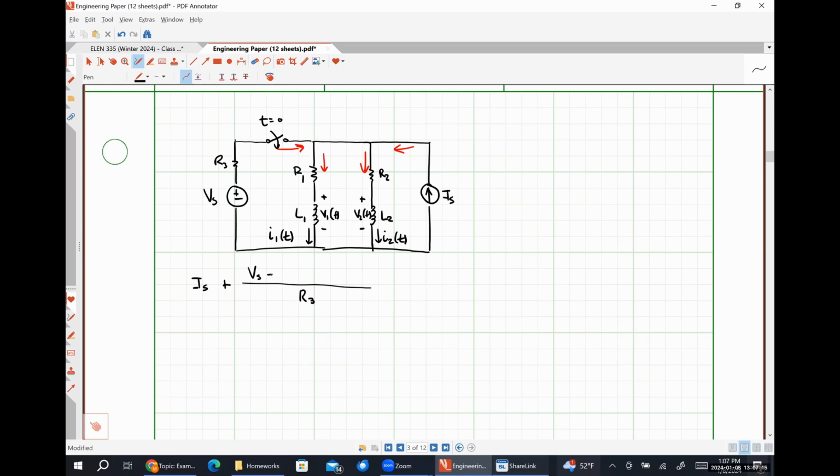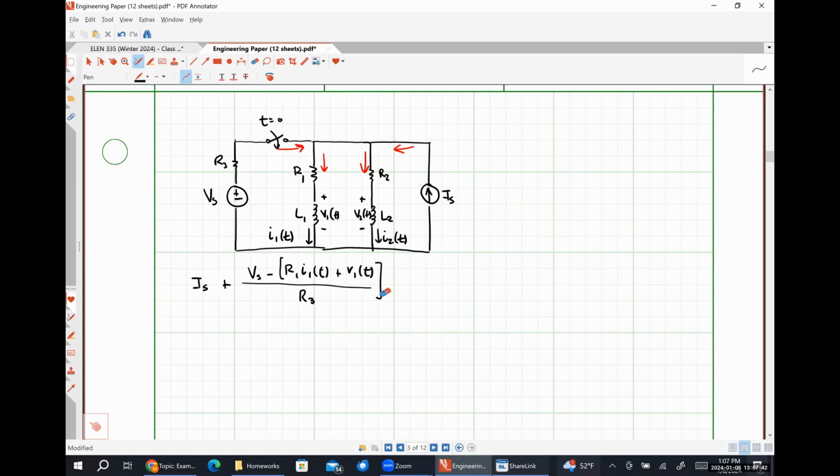Either one should wind up working, so I'm just going to say it's R1 I1 plus V1.